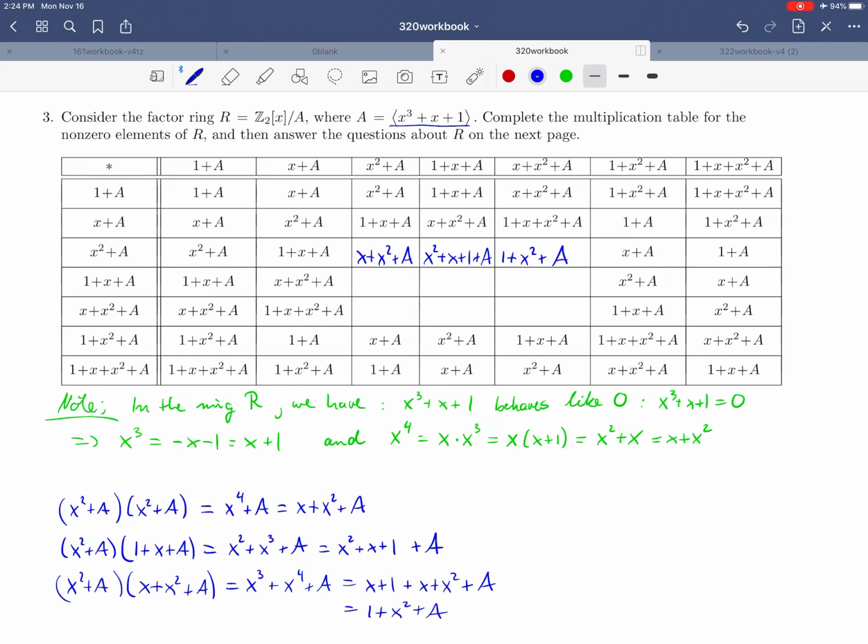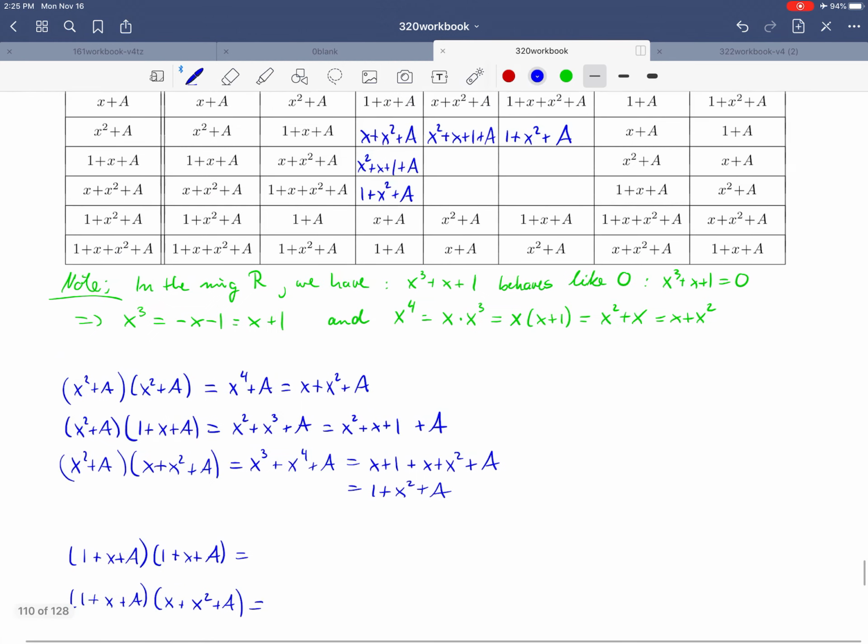And so in this manner, we can fill in all the other entries as well. We get x squared plus x plus 1 plus a in this entry. We have 1 plus x squared plus a in this entry, because multiplication is going to be commutative in this ring.